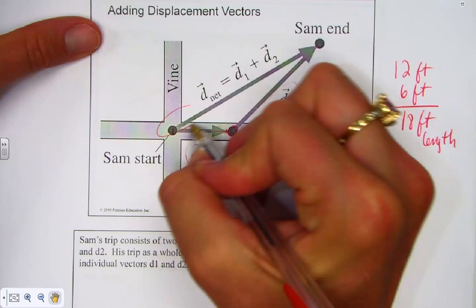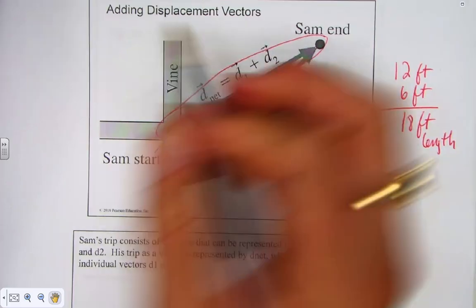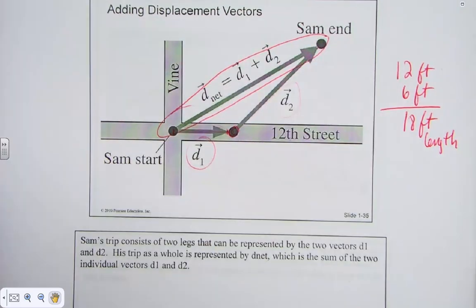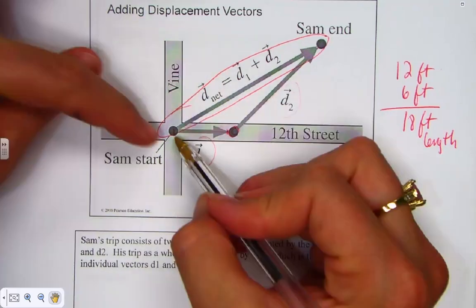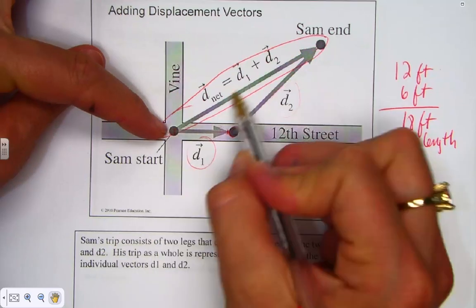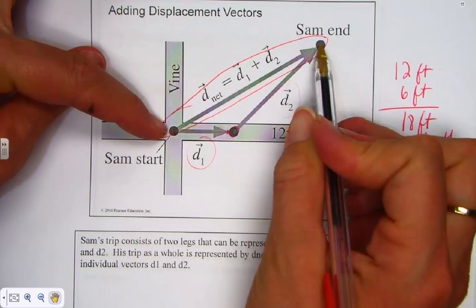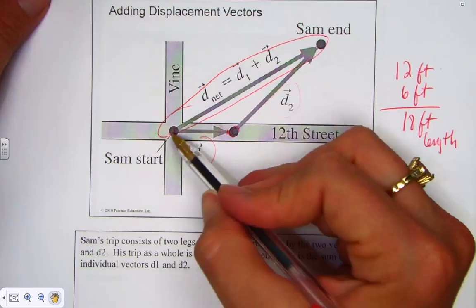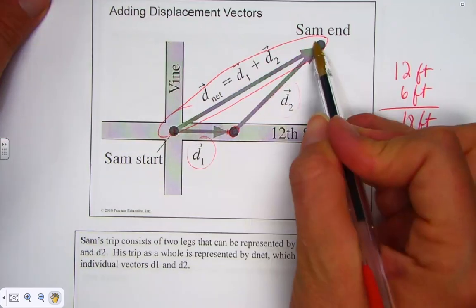We're being asked to solve for the net displacement. The net displacement says it doesn't matter the journey he took. I want to know from the point of origin to the straight line ending point, regardless of the path he took. We call that the displacement vector.